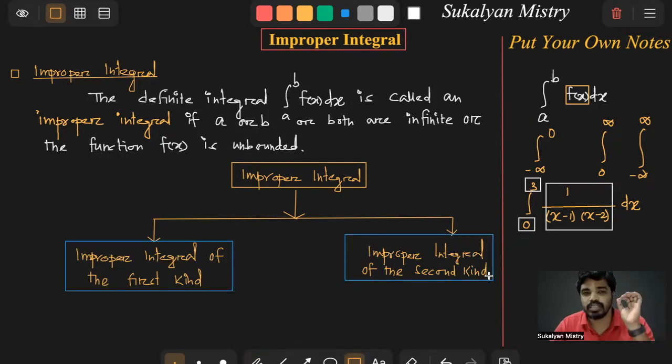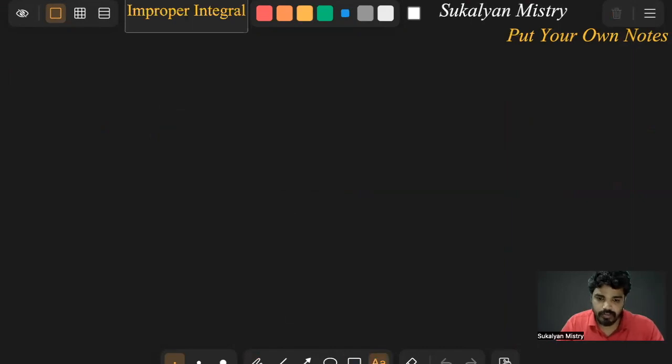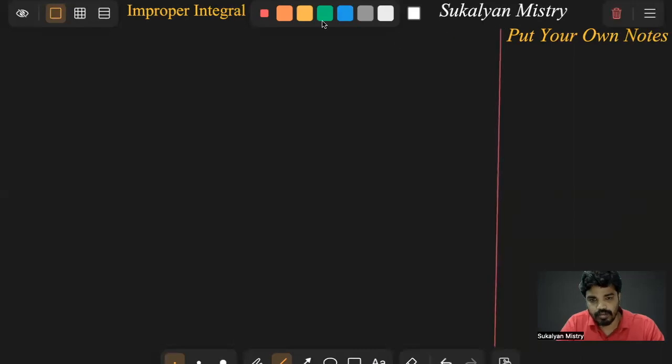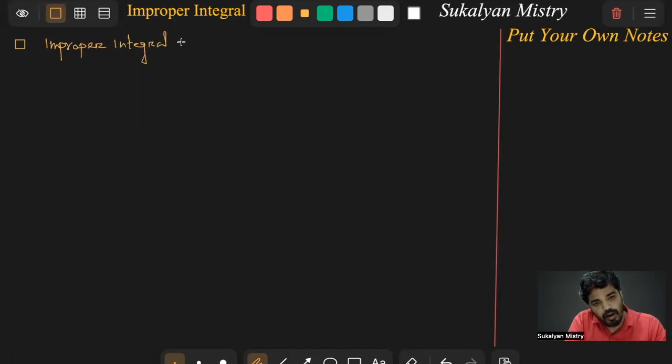Okay. So now we discuss about improper integral of the first kind. So write down the definition. Improper integral of the first kind.